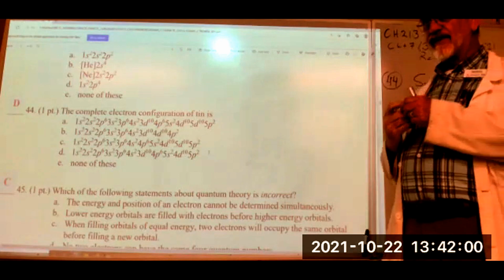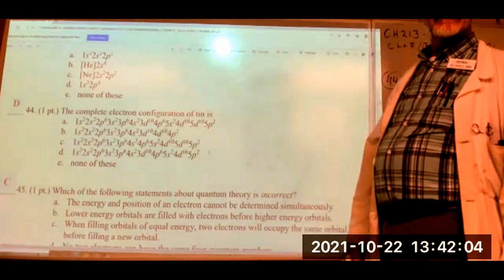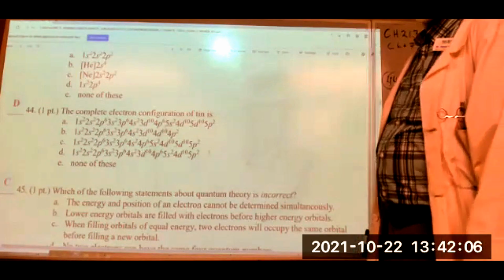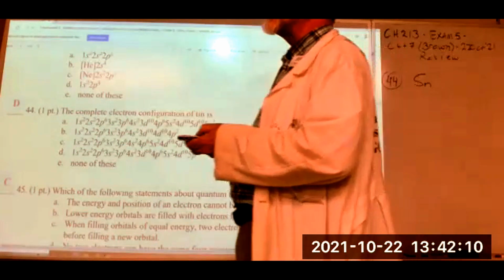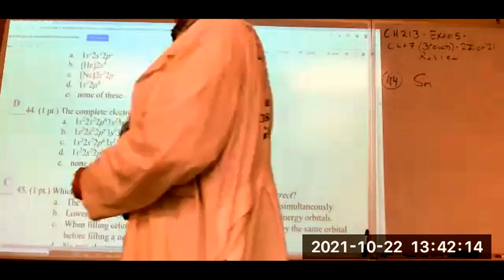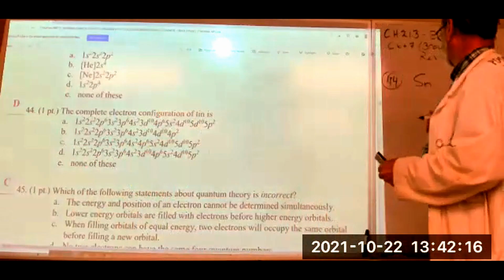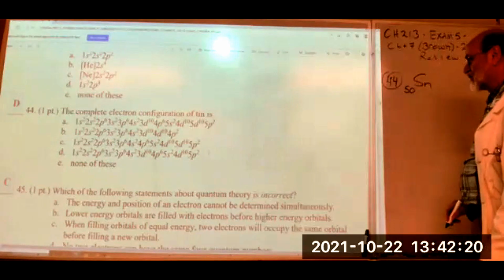So how do we get that? Atomic number. If it's a neutral atom, the number of electrons is going to be equal to the number of protons. So 50 is right here. This is going to be fun. 50 electrons. Okay, where do we start?